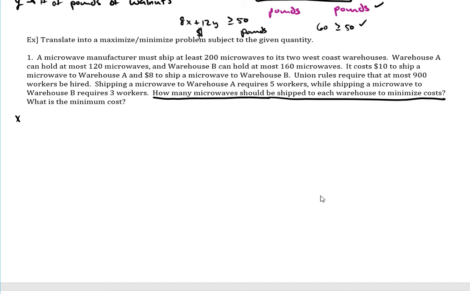Let's say X is the number of microwaves to warehouse A, and we'll abbreviate that to capital A. And then for the other warehouse, Y is the number of microwaves to warehouse B. Okay, so let's use those as our variables.